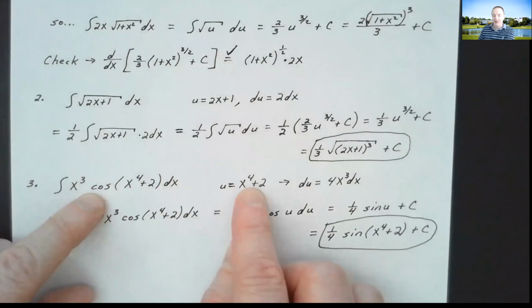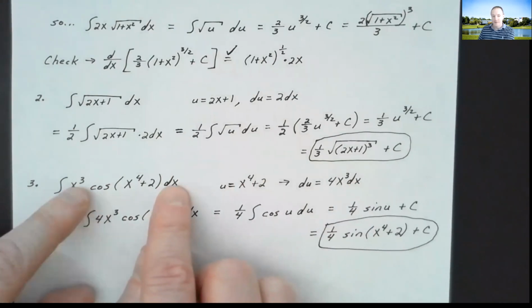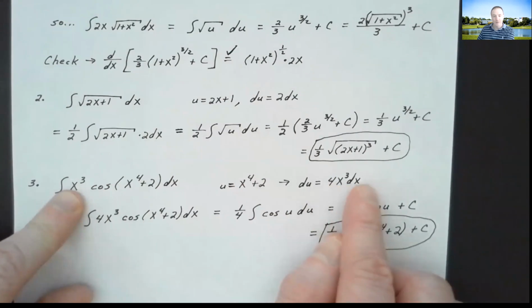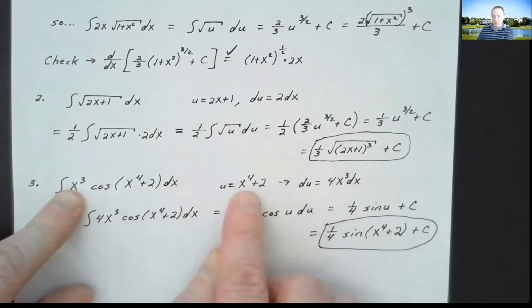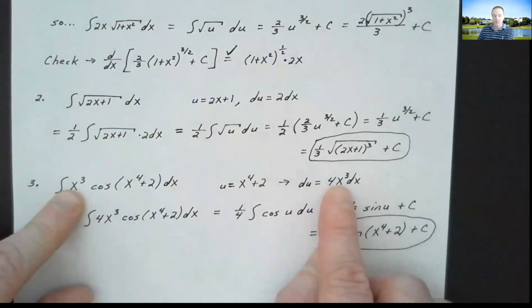If I do that, I know that the derivative of u would be 4x to the 3rd with respect to x. So I go back to my problem and I can see, well, I don't have a 4x to the 3rd dx. And in order to do this substitution, I would have to have a 4x cubed dx.